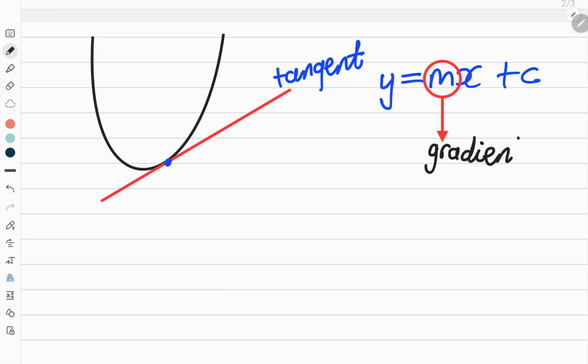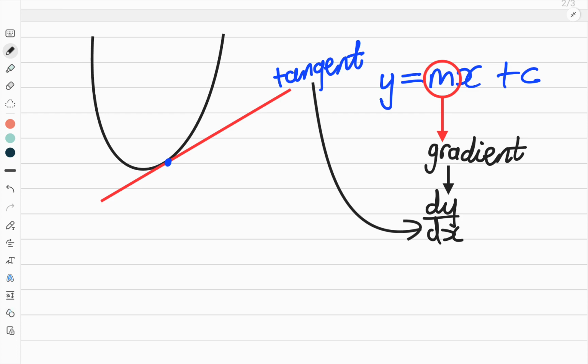And now, where does gradient come from? Gradient comes from your differentiation. It comes from dy dx. So that's how we relate a tangent to differentiation.